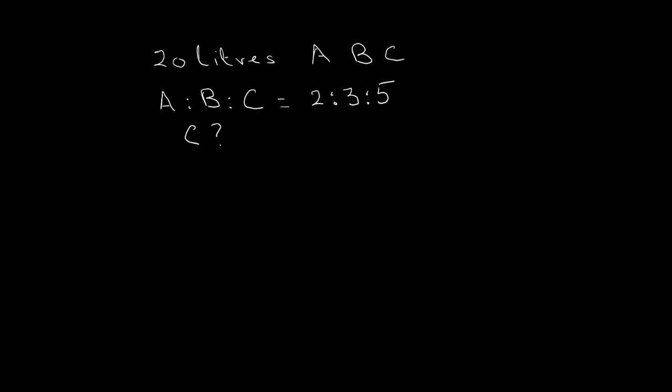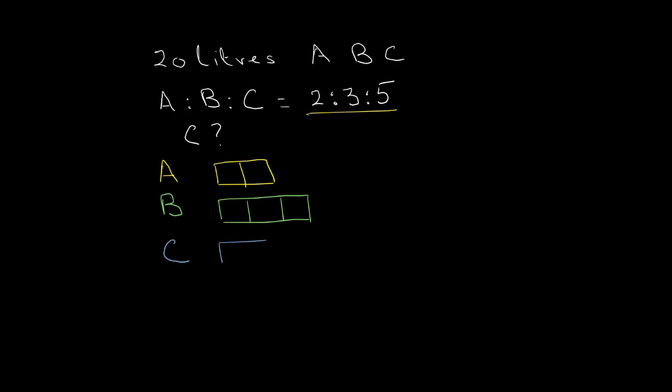Okay, so again, since the ratio is 2 is to 3 is to 5, what that means is that we decided some kind of unit, and maybe A had 2 such units, and B had 3 such units, and C had 5 such units, right?